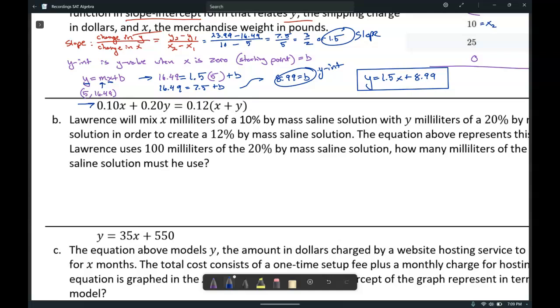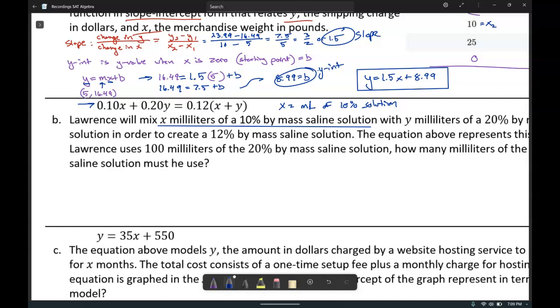states that Lawrence will mix X milliliters of a 10% by mass saline solution. So X equals the milliliters of a 10% solution. The rest of that's pretty verbose. We don't need to really look at all of that together.